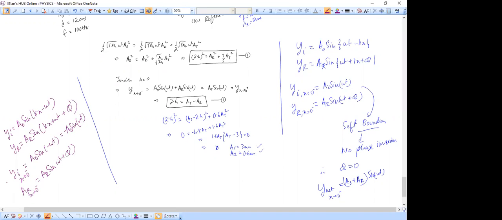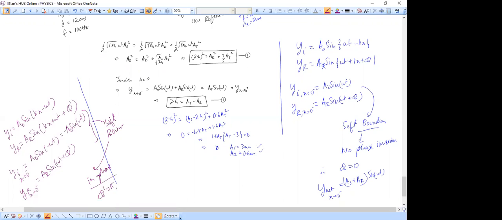Now again, it's a soft boundary, so these two should be in phase. So in phase when? When we take phi prime as phi.